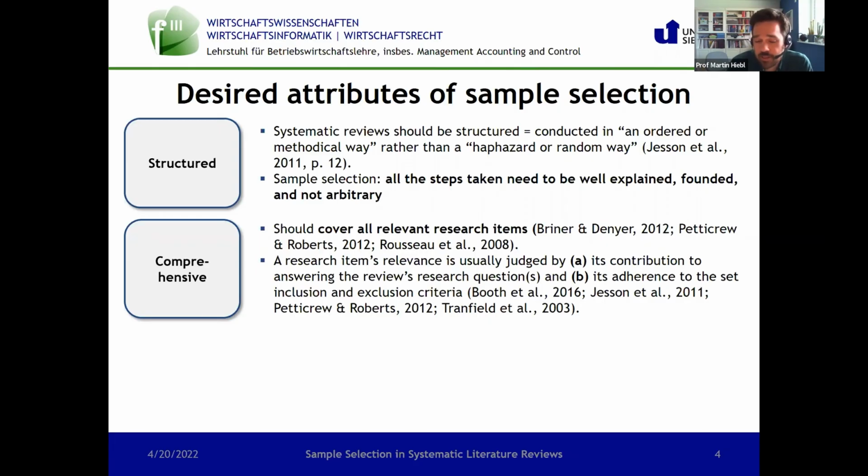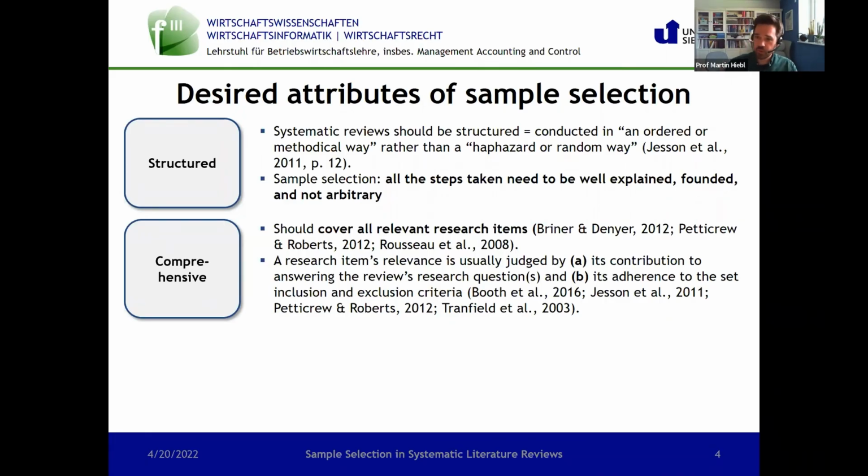Well, this is usually judged based on the research question you give yourself. So relevance is usually judged in terms of how far an individual research item is relevant to answering your review questions, your research questions, which you have defined up front.